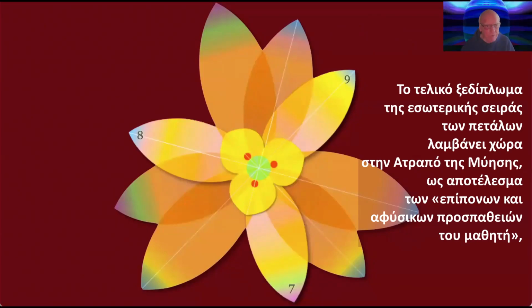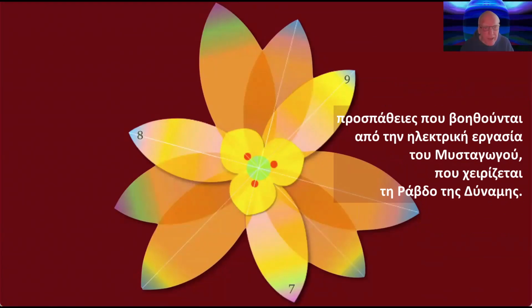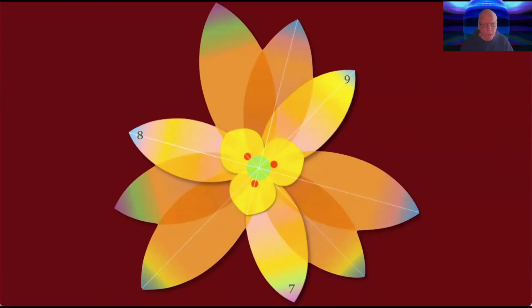The final unfolding of the inner tier of petals happens on the path of initiation as a result of the quote-unquote strenuous and abnormal efforts of the disciple, efforts which are aided by the electrical work of the initiator wielding the rod of power.